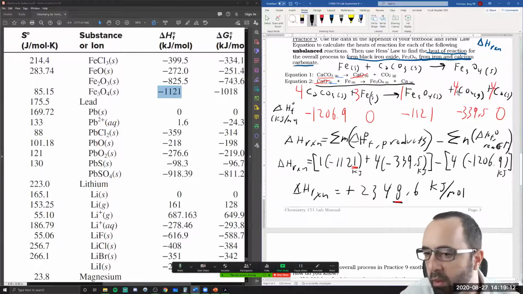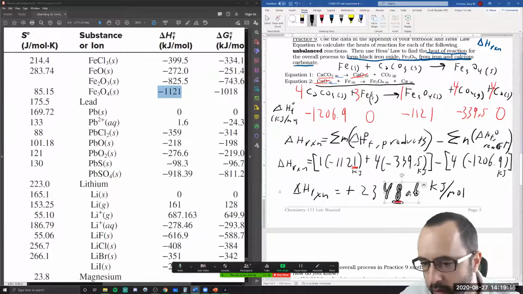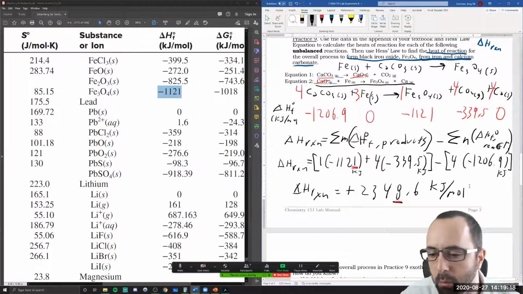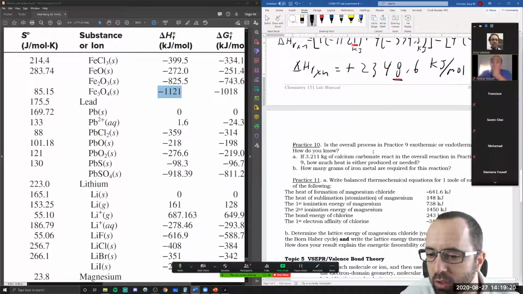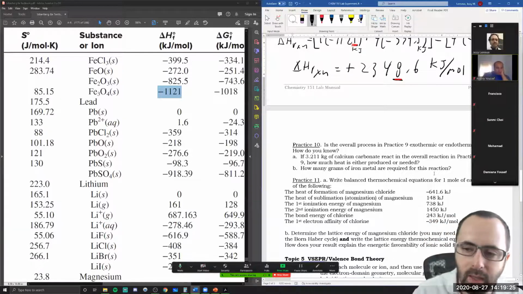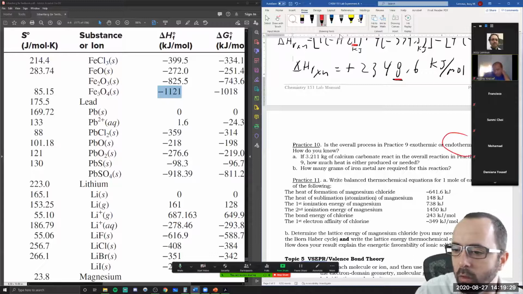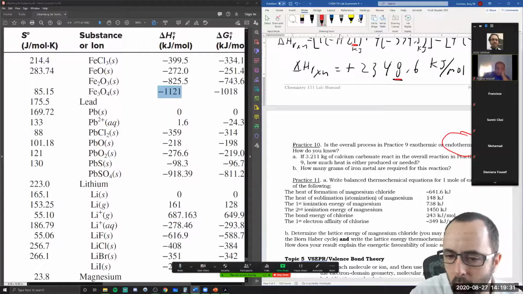Every time 4 moles of carbon dioxide are produced, this much energy is absorbed. And so the answer to the question here, is the process exothermic or endothermic? It has a positive delta H, so this process is endothermic. And you know because delta H of reaction is positive.